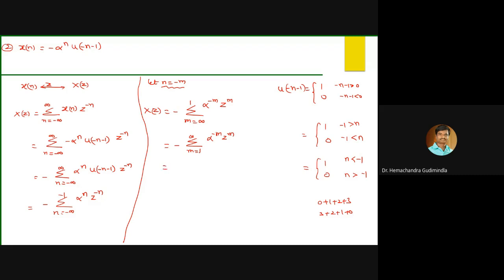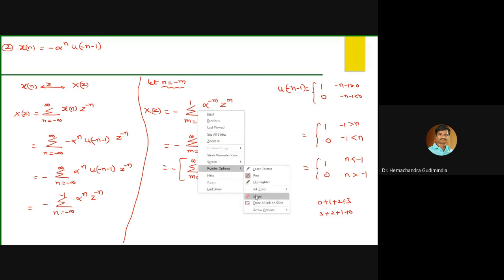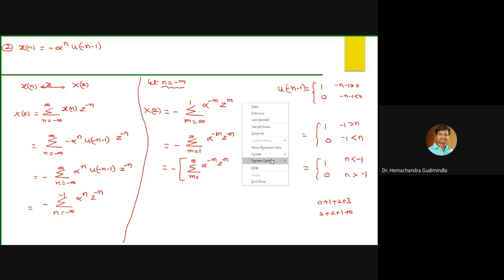But I want one more term here. That's why minus of summation m equal to 0 to infinity alpha power minus m z power m. This I will take from 1 only.